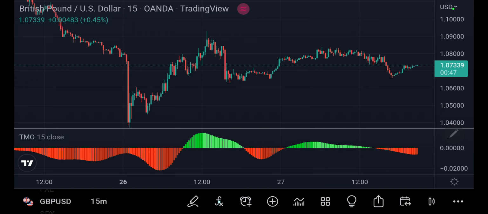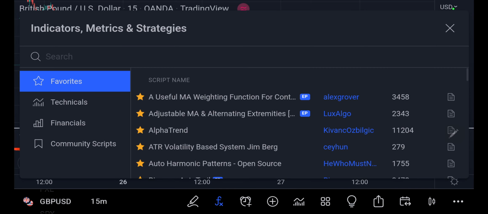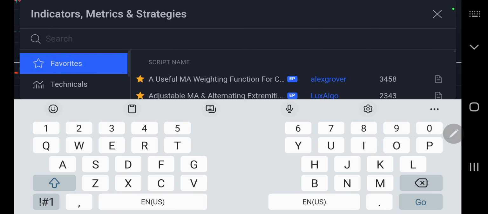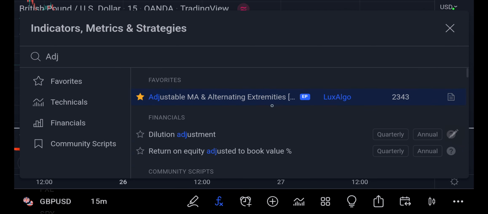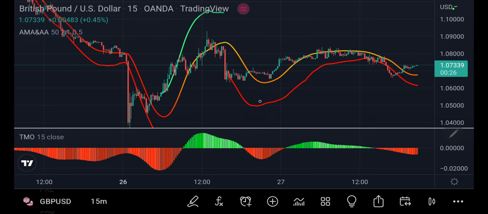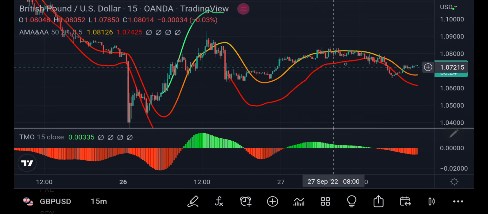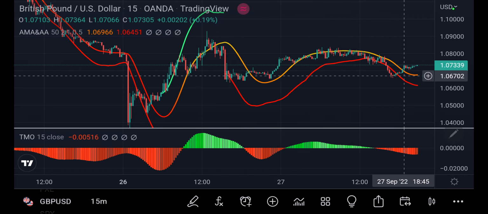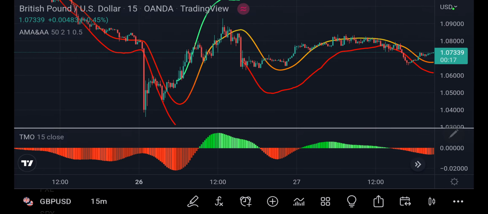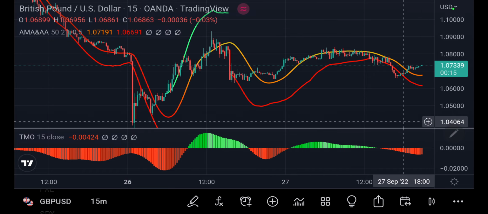Now the second indicator we're gonna bring for this strategy is the adjustable MA. I already put it in the favorites. It's by LuxAlgo as well. Click on that one and you will have this kind of line, you can say an SMA.